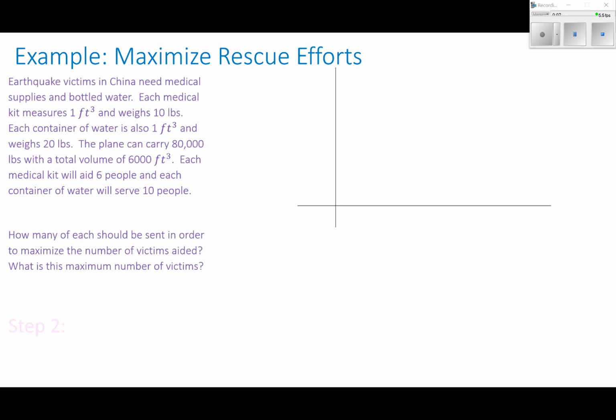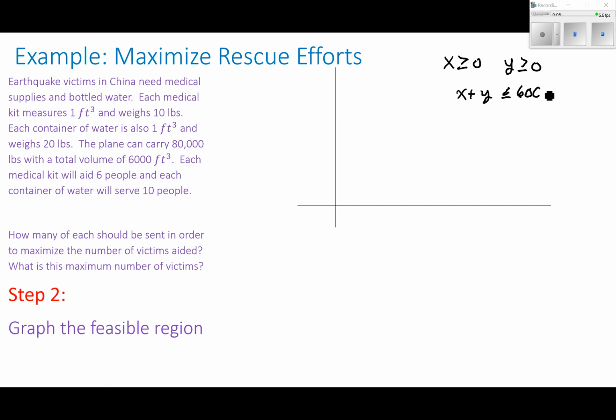All right, so just rewriting this again. If I were to graph the feasible region, so again, x was greater than or equal to 0, y was greater than or equal to 0. I also had x plus y is less than or equal to 6,000. If I wanted to graph this, I can do it right here from standard form.